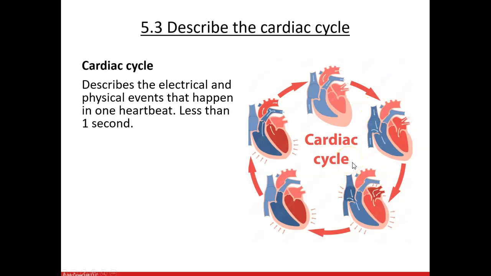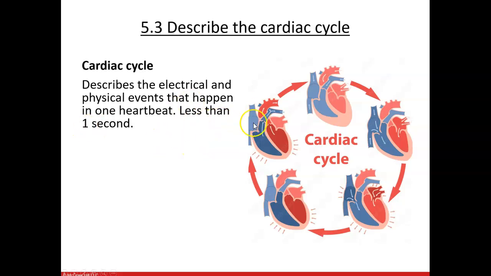And pacemakers can give the heart a little electrical jolt when the electricity in the heart's not working consistently on its own. We don't really have time to talk about that, but just to know that the cardiac cycle describes both the electrical and the physical events that happen in one heartbeat.